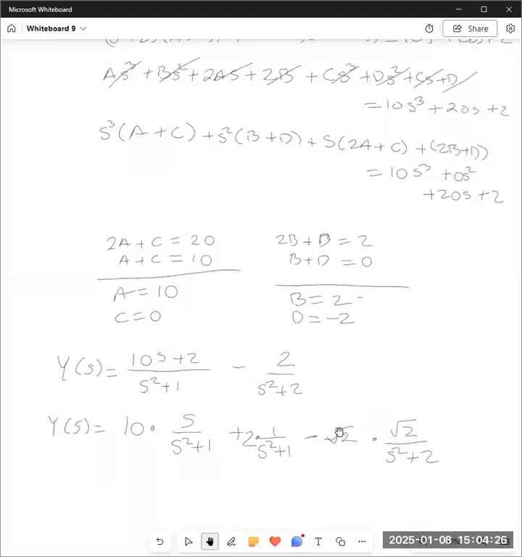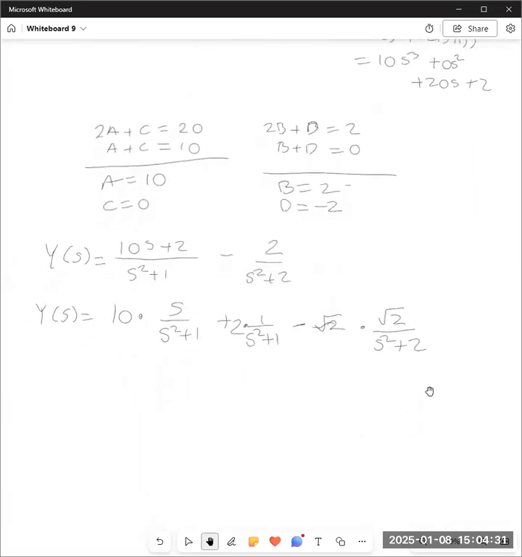And so when I factor out a root 2 from 2, I'm left with a root 2, very much like how it looked originally. So I have y of t is going to be 10 cosine of t, and then I have plus 2 sine of t minus root 2 sine of root 2 t.